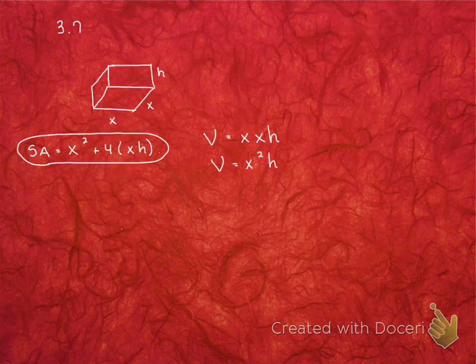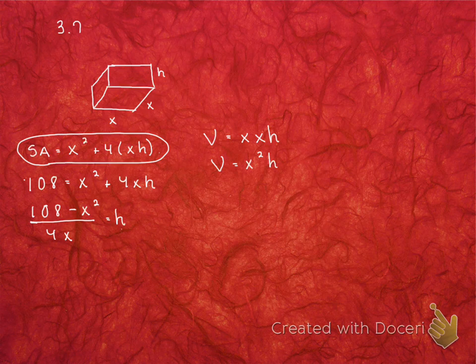The surface area that we are given is 108. So, 108 equals x squared plus 4xh, and 108 minus x squared all divided by 4x is equal to h.